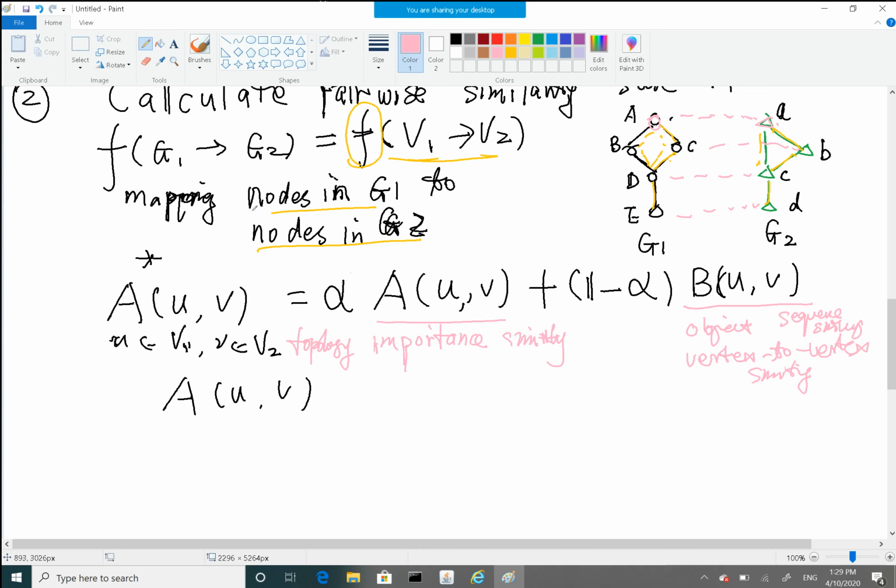This is called HubAlign, and in HubAlign they check the contribution and importance, who could be the hub. What is the possibility this vertex could be a hub, a central vertex? This one is equal to a minimum, because we check the similarity. They have different metrics to measure similarity, S(u), S(v).